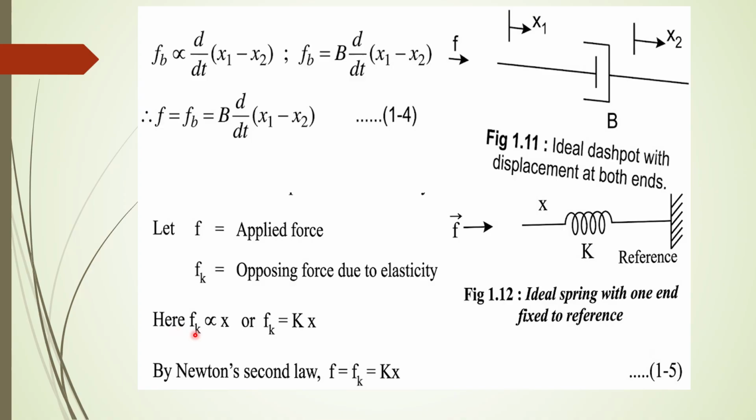So here Fk is directly proportional to x. So we can write Fk equals K times x. K is called the spring constant. So based upon Newton's second law, applied force F equals opposing force Fk, which equals K times x.